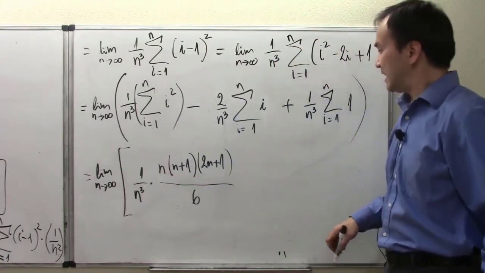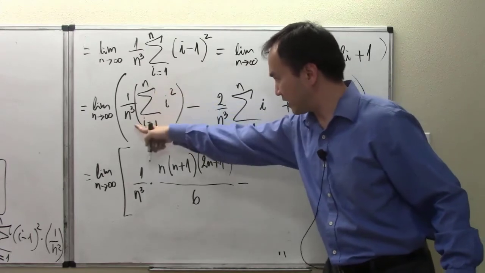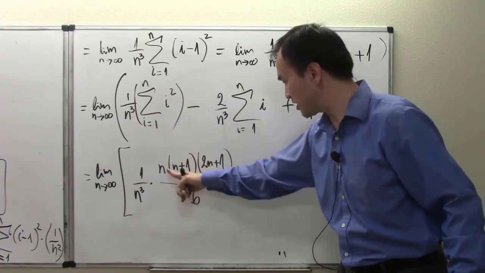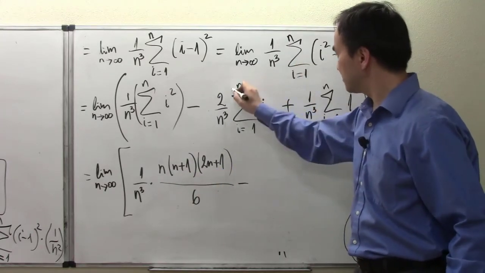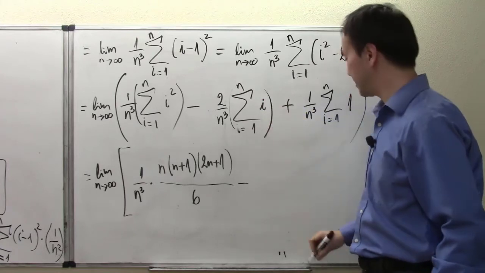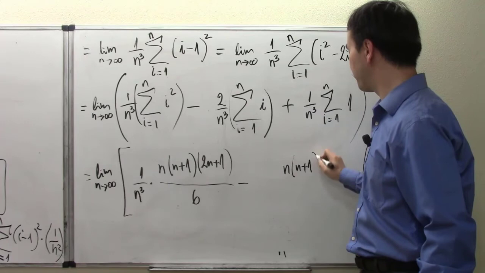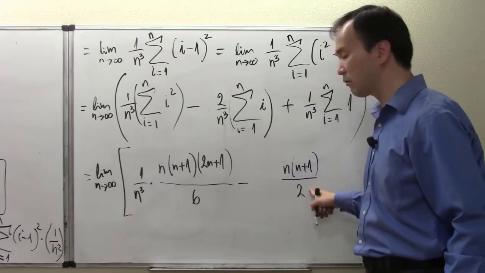Minus. And so we're done with the first sum, including that 1 over n cubed right here, and everything is now expressed in terms of the n variable. Now the summation on the i term right here is n times n plus 1 over 2. And if anyone wonders how I got that, view my other video lessons on that.